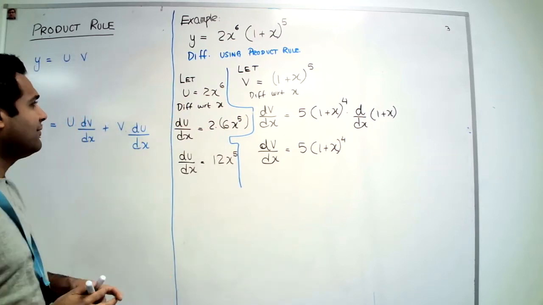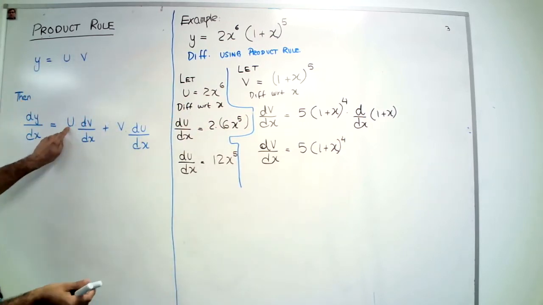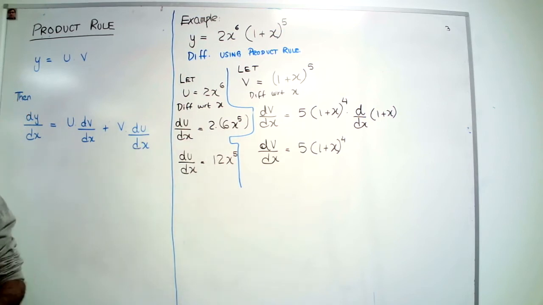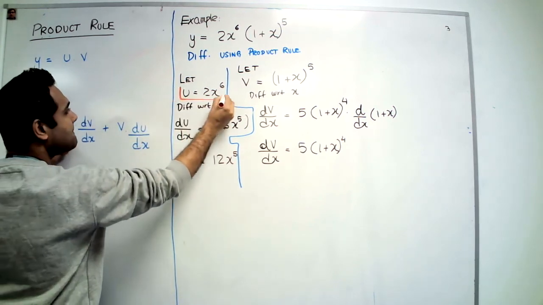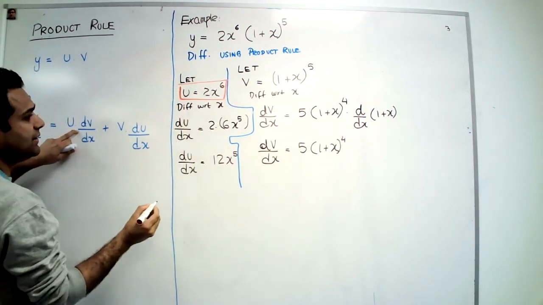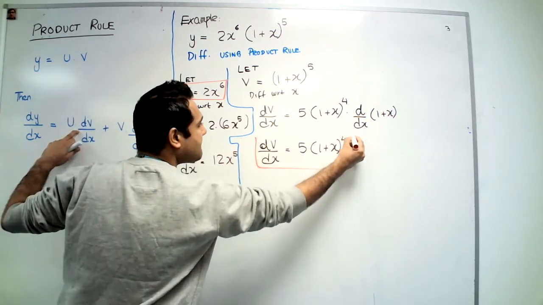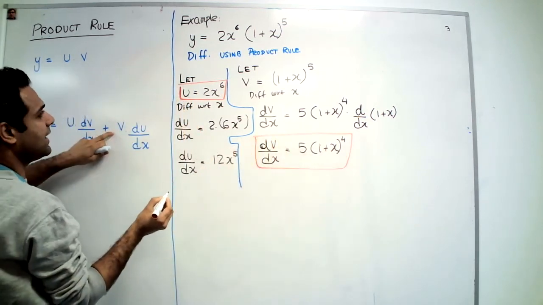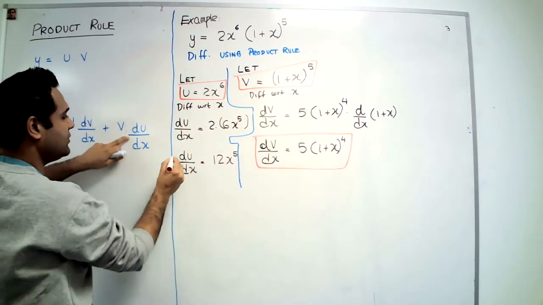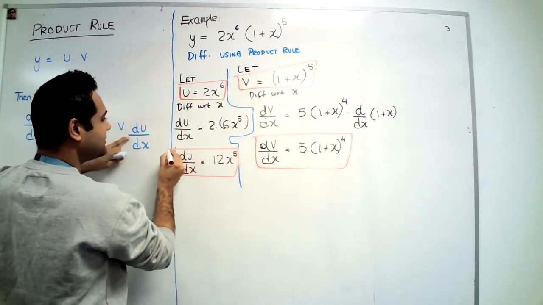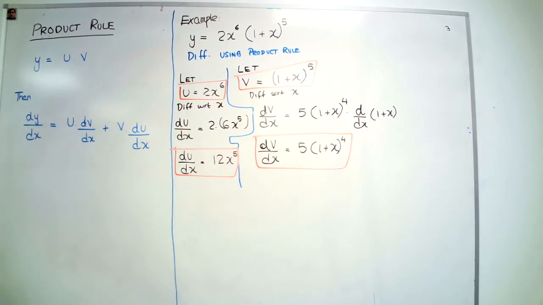So now I have the u. I have the dv over dx. I have the v. And I have du over dx. So I have all these bits, so I can just pick them up and put them in this equation to get an answer. Okay.